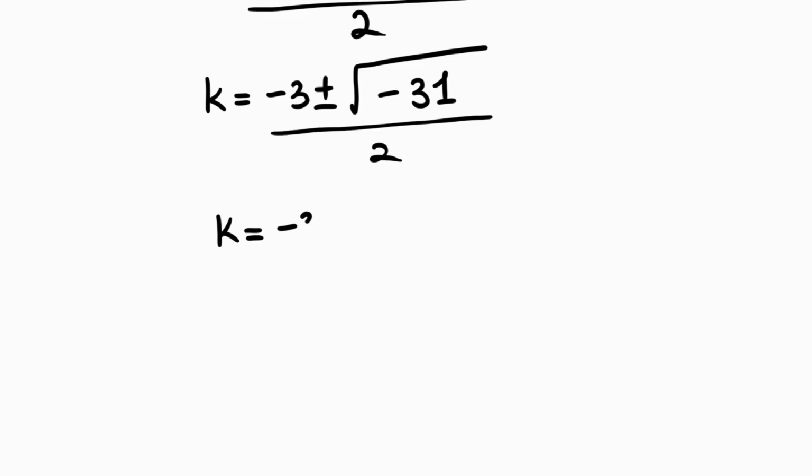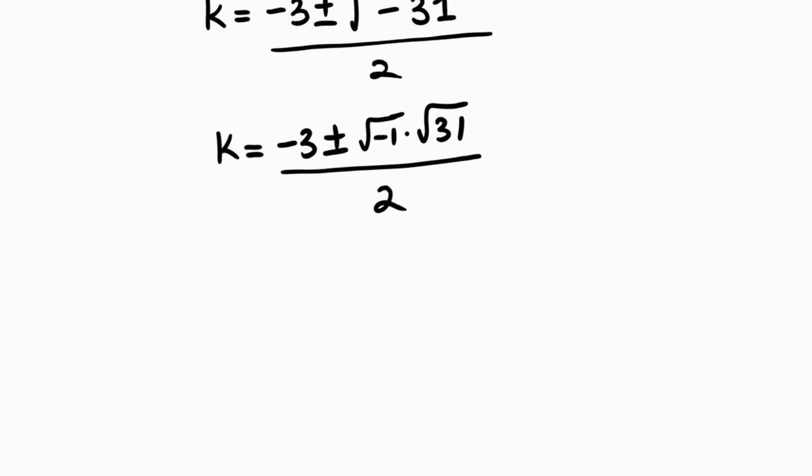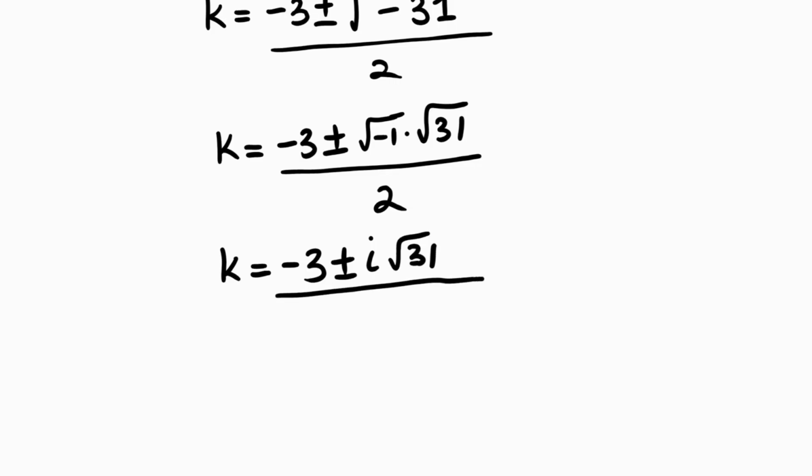So we have k is minus 3 plus or minus. Let us separate what we have under the square root into root of minus 1 times the root of 31, divided by 2. And we know that root of minus 1 is i, root 31 divided by 2.